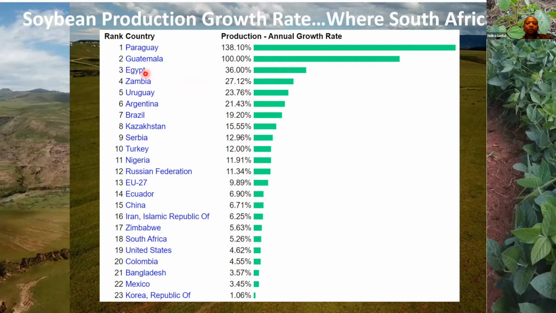And I do wish that our country could emulate these two African countries, that is Egypt and Zambia, in terms of an increase in soybean production. Just to mention that despite the marginal increase in China and in South Korea, the soybean accessions that I work with are from China and Korea.